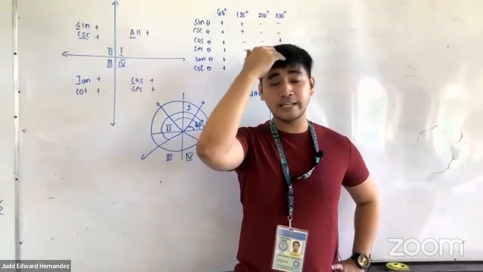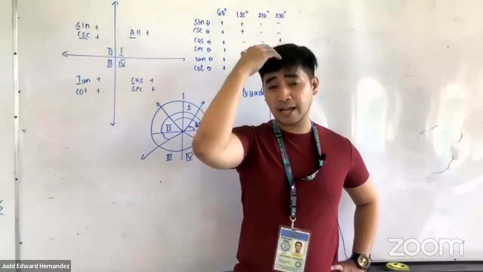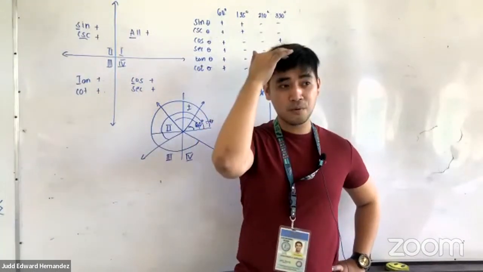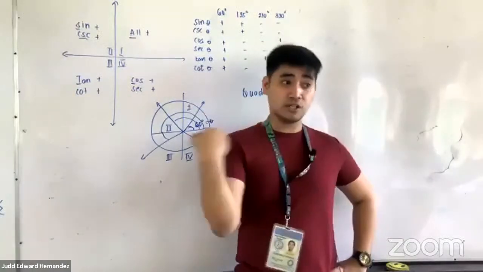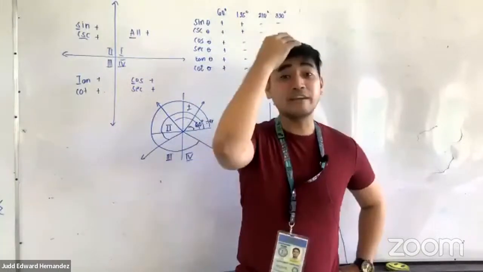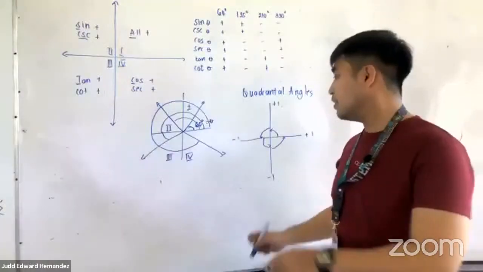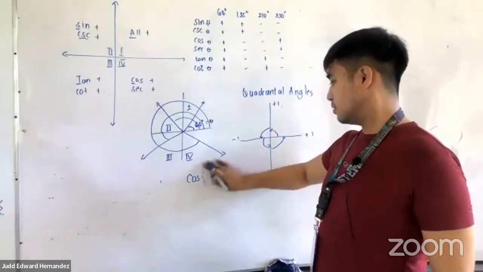Meron po bang cosine dito? Sine of the cos. May cosine po ba dito sa taas? Di ba sabi natin, sine of the cos. May cosine po ba sa y-axis? Wala po. Therefore, cosine 90 is equal to 0.